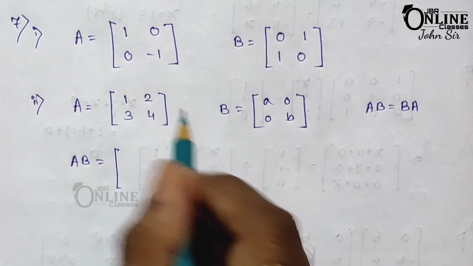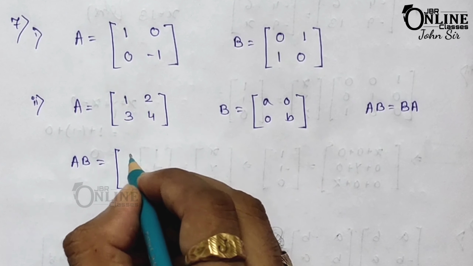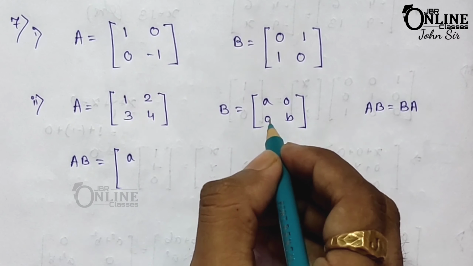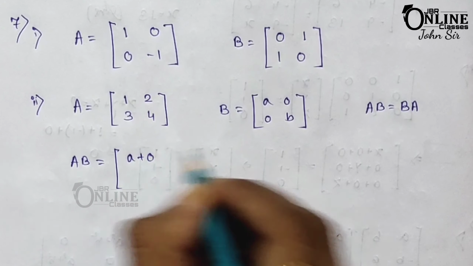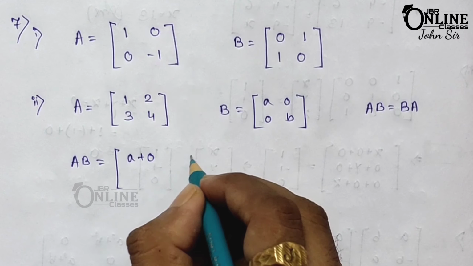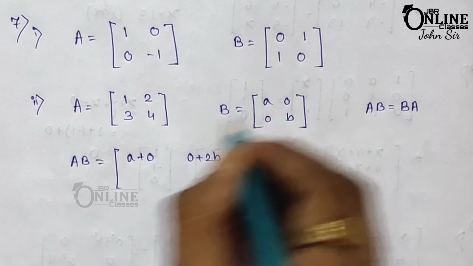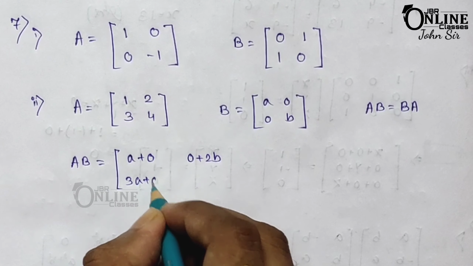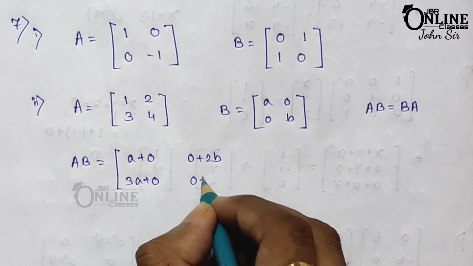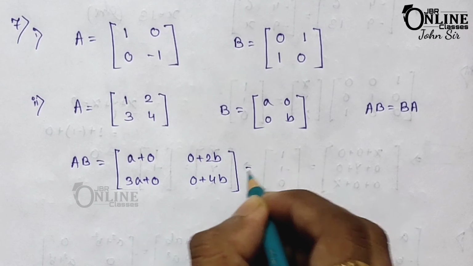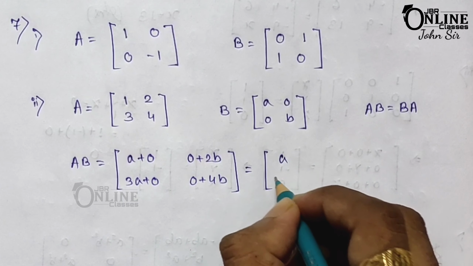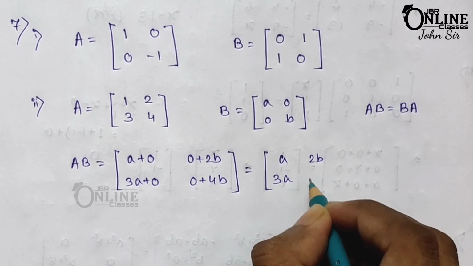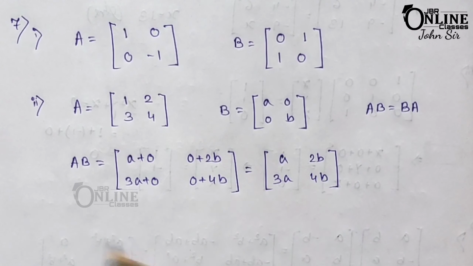So 1 into A, that equals A, then 1 into 0, that equals 0. Next one, 3 into A, 3A plus 0, and this one will be 0 plus 4B. So here the answer will be A, 2B, 3A and 4B.